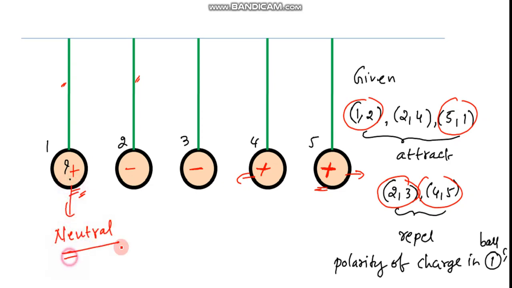Only if it is neutral, with no charge, or having opposite charge, will the force be attractive. Therefore, we can conclude that the net charge on the first ball is 0, right? Just go through this type of problems, very important.